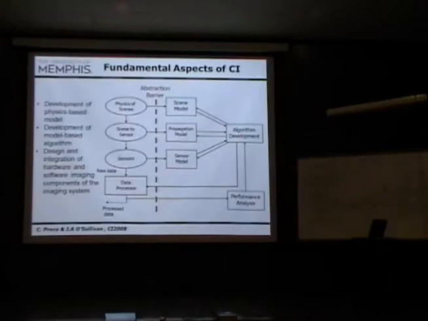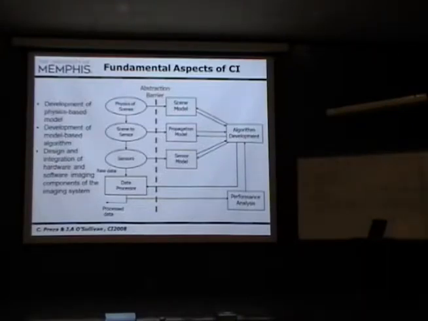Okay, but I said that slide that I really like summarizes my methodology, but actually it's not unique to my thinking. It summarizes the fundamental aspects of computational imaging as applied to the medical imaging fields and also to remote sensing, and other applications.